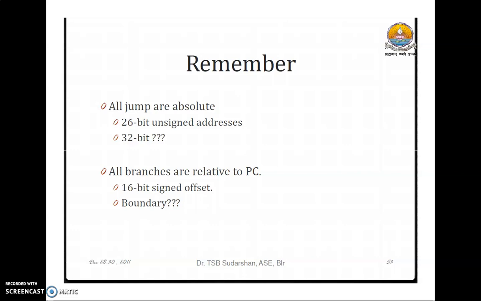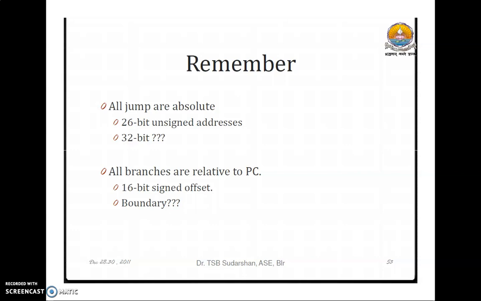Now, these are the two important points. All jumps are absolute. That means you give the address as part of the instruction itself, with no addition, subtraction, etc. happening with the PC. Whereas all branches are relative to PC. You give an offset, that value will be added or subtracted to the PC. So this will be a signed offset, and when you operate with a signed offset, you get the result of addition or subtraction.